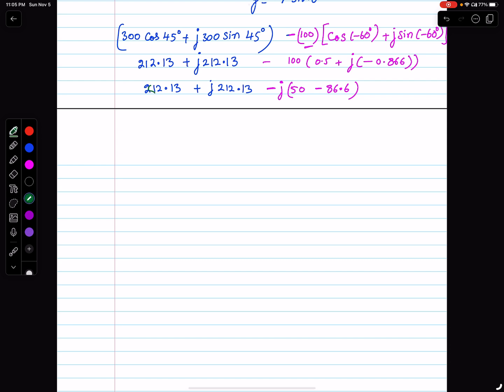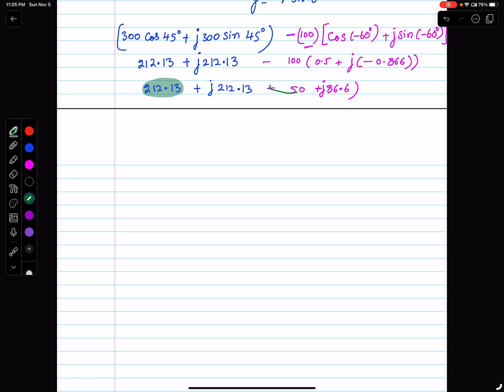You see, there is the real part. That is the reason why I said we want to perform our arithmetic addition in rectangular form. So there is this 50 times j 86.6. Okay, now I can do it properly.